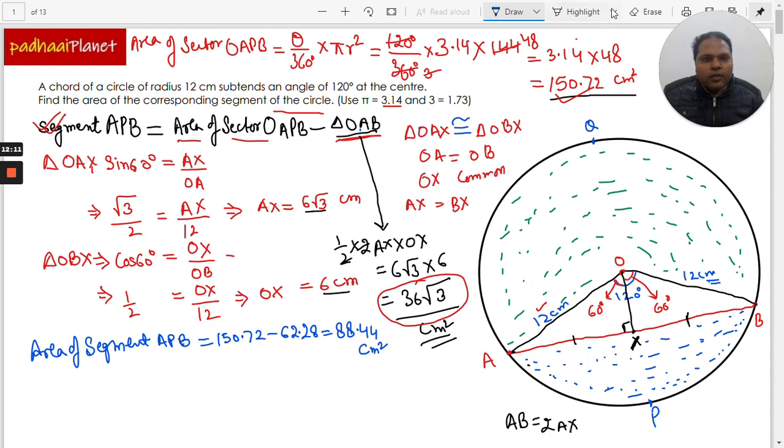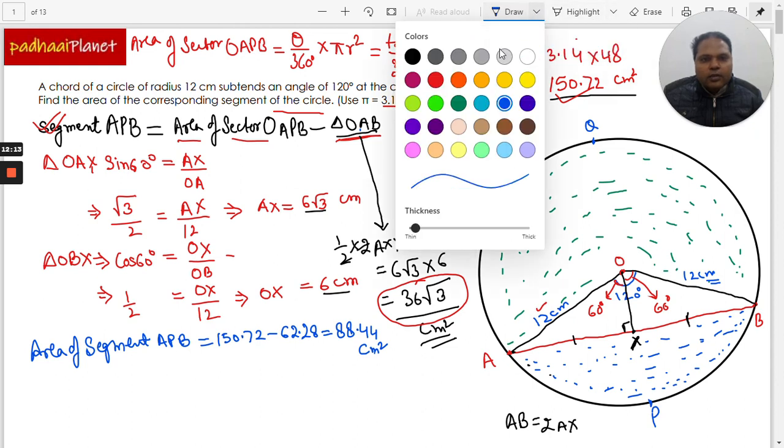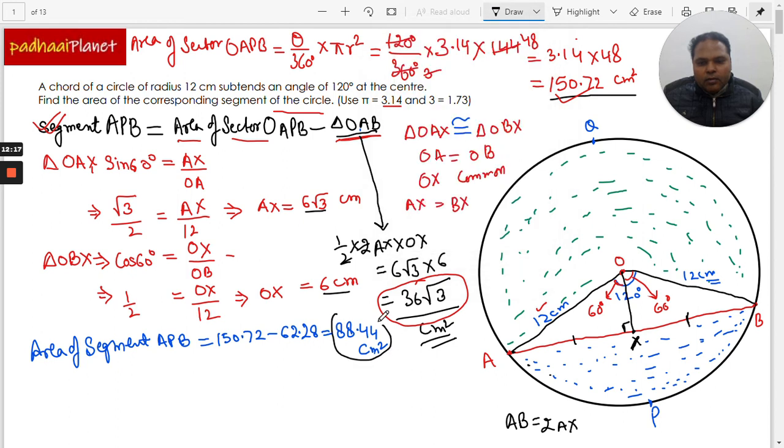So this is the area of this blue part, this part, right?